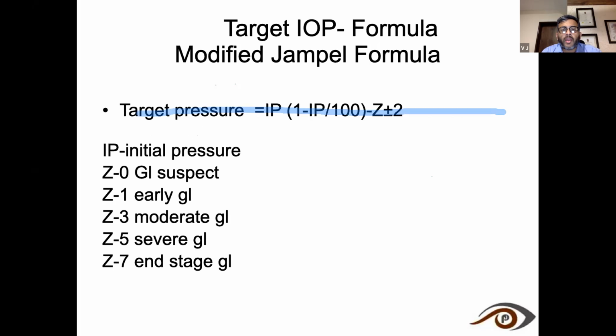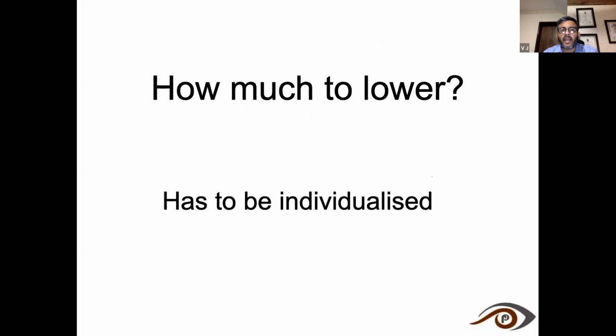A few formulae were also suggested, something like this, where IP is the initial pressure and Z was a variable given for if the patient is a glaucoma suspect or an end-stage glaucoma patient. Again, these formulae do not take into consideration many individual characteristics that the patient can have.